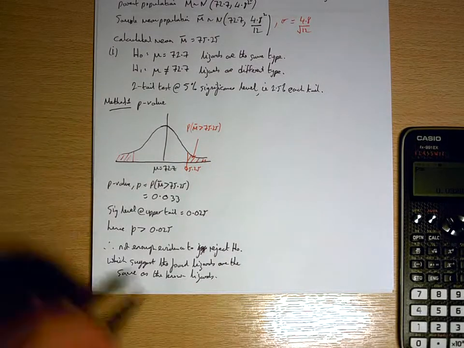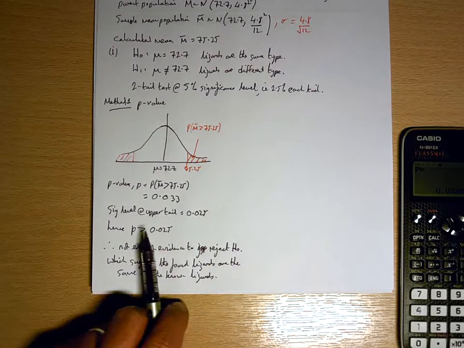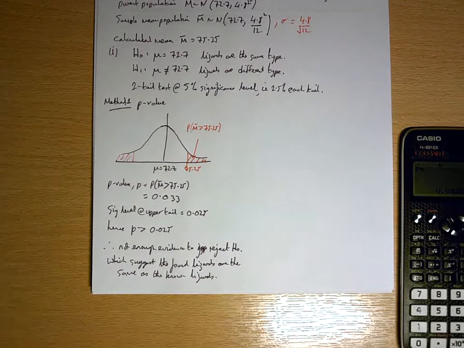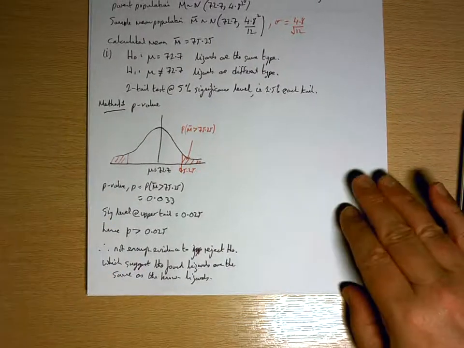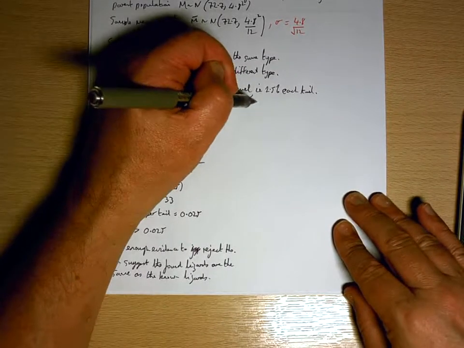So there's not enough evidence to reject the null hypothesis because the p-value is outside the level of significance.